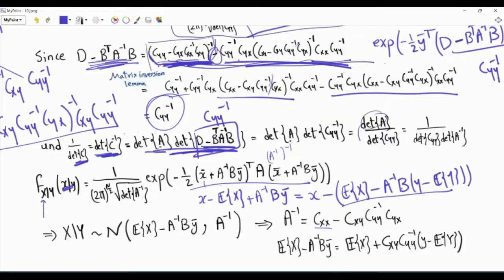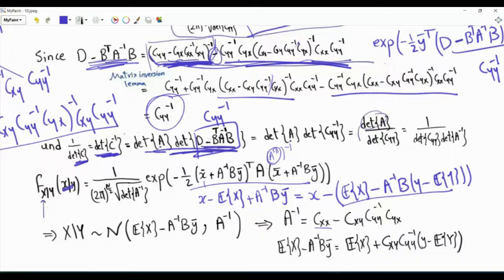And what is the covariance matrix? To be exact, what is the covariance matrix given y? It's a conditional covariance matrix. Now, the conditional covariance matrix is what we have here. So it is A inverse, because in the formula for the multivariate Gaussian distribution here, we should have the inverse of the covariance matrix.